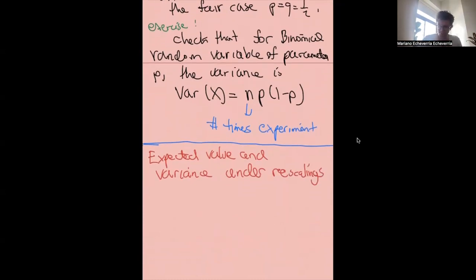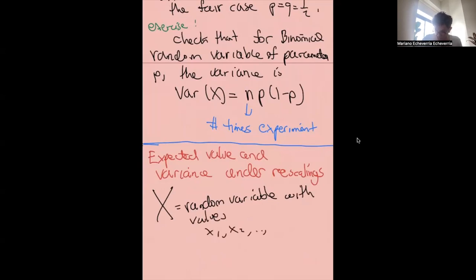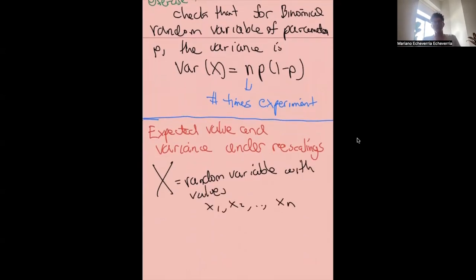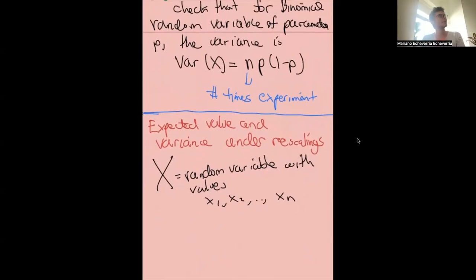So again, just to emphasize, you have x, which is a random variable with values x1, x2, up to xn, right? The easiest way to rescale a random variable is to apply what's called a linear transformation.